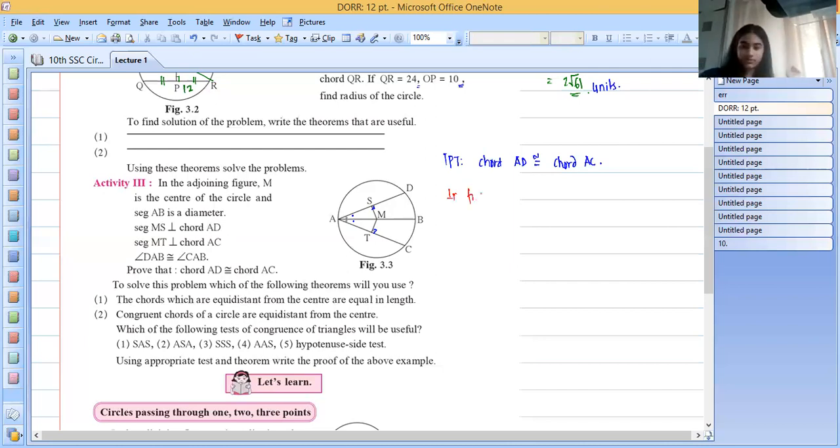We know this. What does this mean? It means that if the length of AD is 2m, for example, then how much will AS be? m. Similarly, MT is perpendicular to AC, so if the length of AC is 2n, then how much will AT be? n. Got it? Now let's look at triangle MSA and triangle MTA.